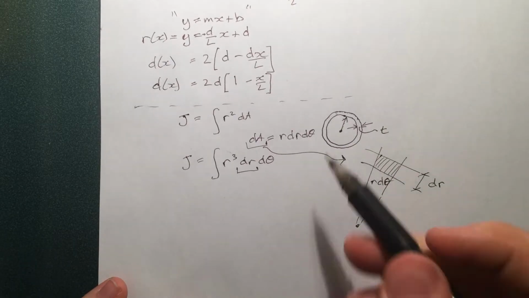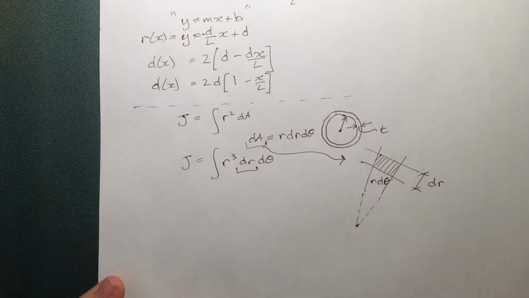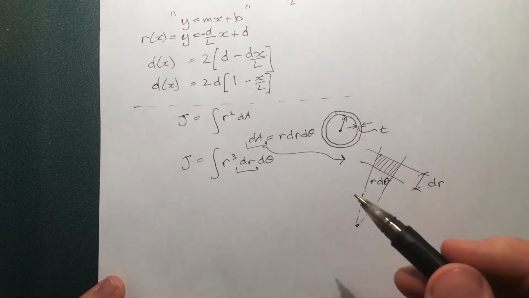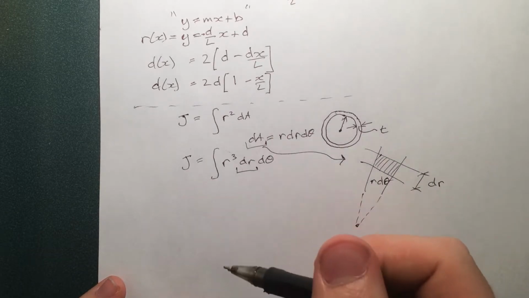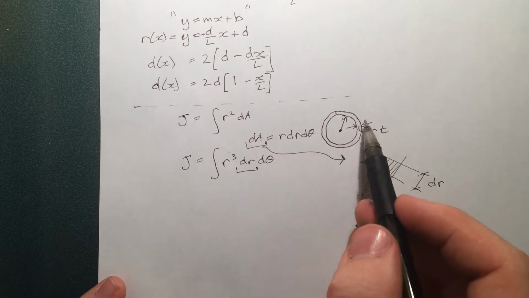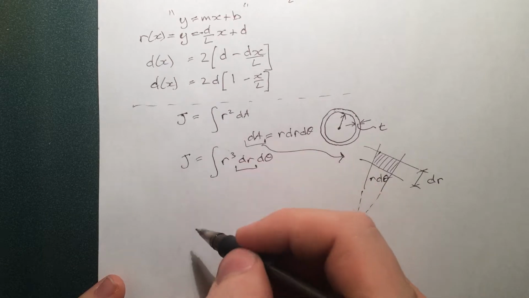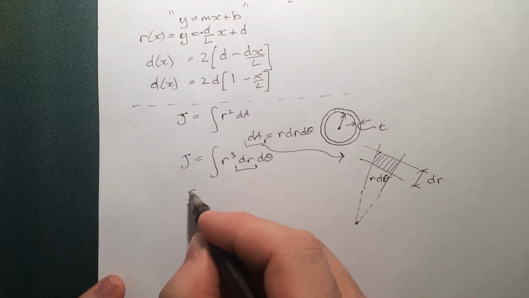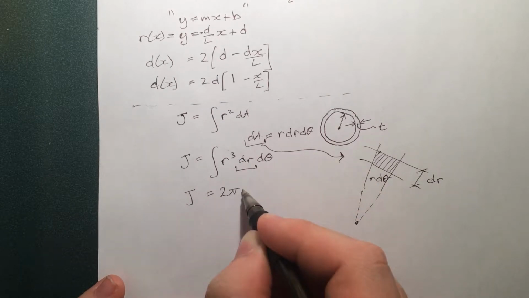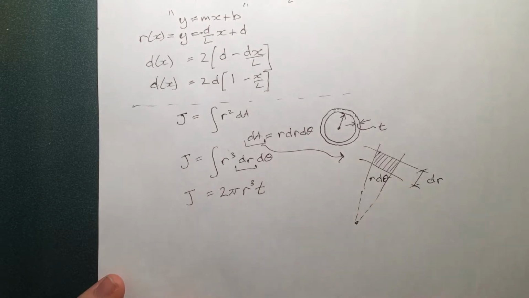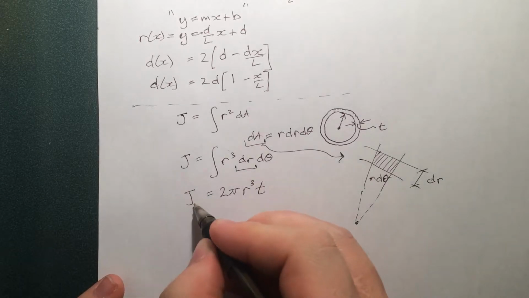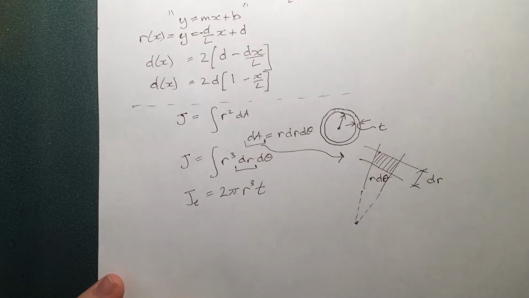So we're going to say that this thickness is equal to dr, for an approximate polar moment, assuming t is really, really small, which in our case it is. So t is constant, that comes outside. We're left with J equals 2 pi r cubed t. All right, so this is J for a thin-walled section. I'll just call it t.